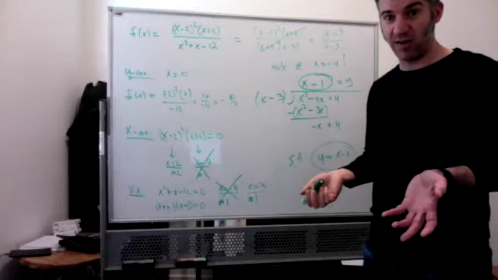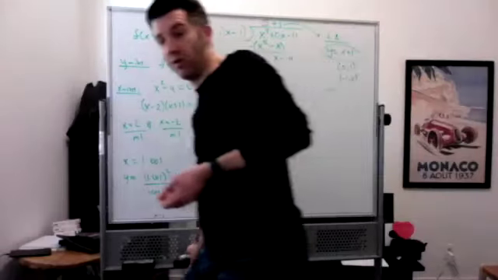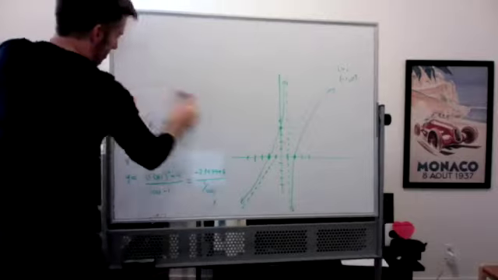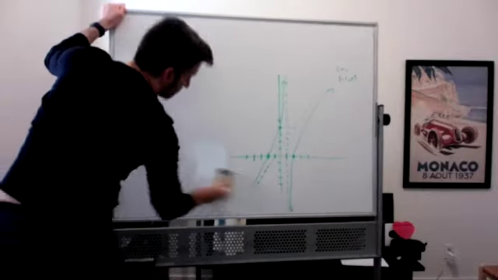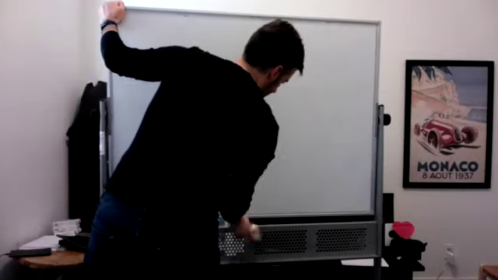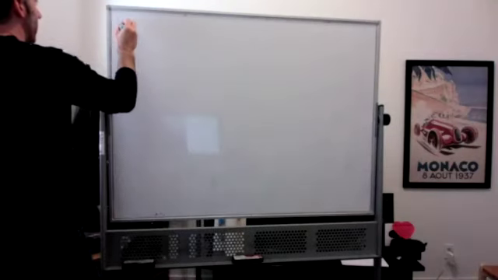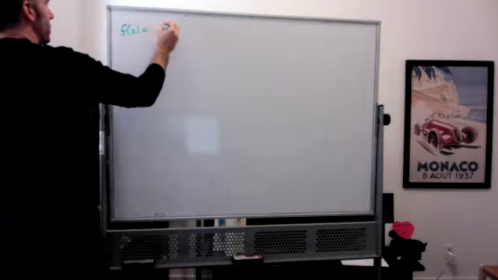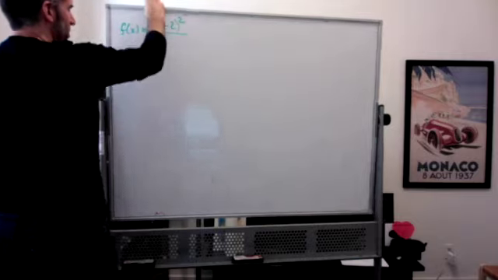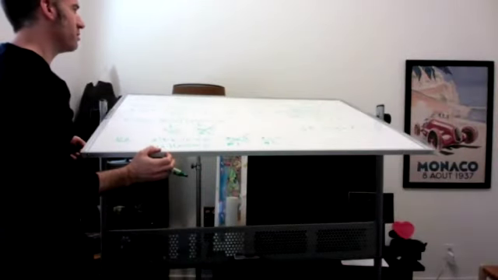Okay, so now we're going to try and graph the whole thing. And I'm literally going to ignore that there's a hole until after I've done everything else. So again, we're graphing f of x equal to x minus 2 squared over x minus 3.